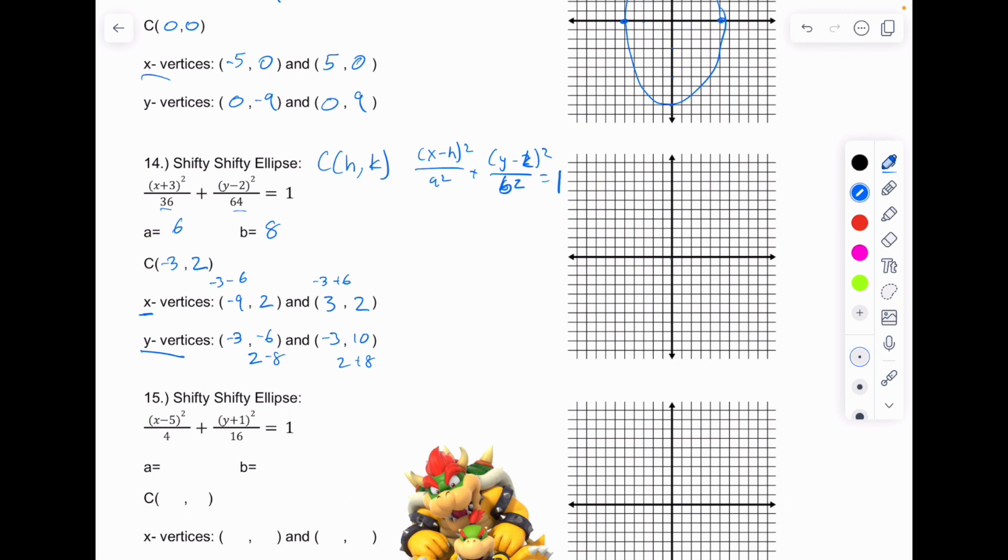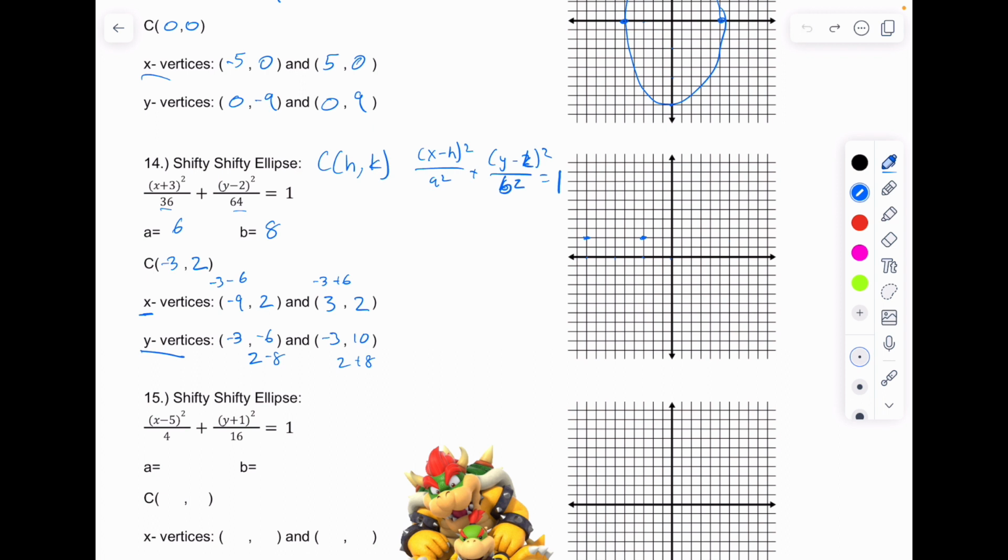So negative 3, positive 2. This is my center, and we're gonna go negative 9, 3, 6, 9, 2. So 1 point right here, 1 point over here. Oh, that's okay.